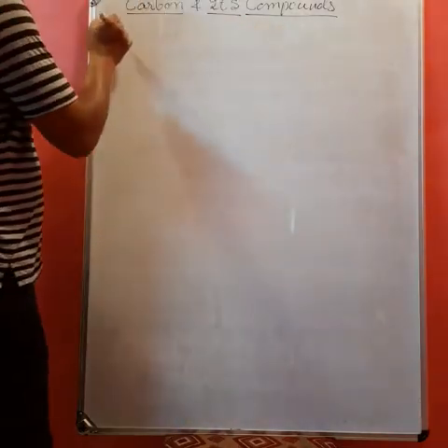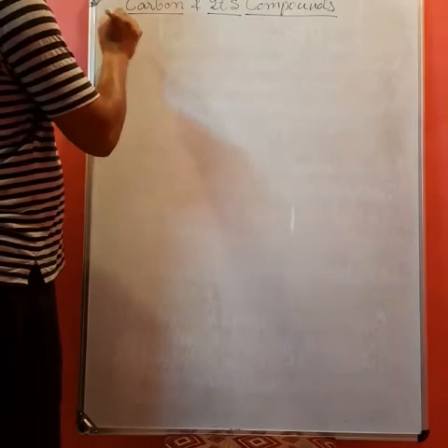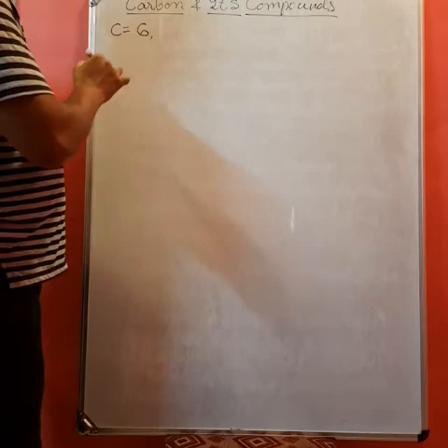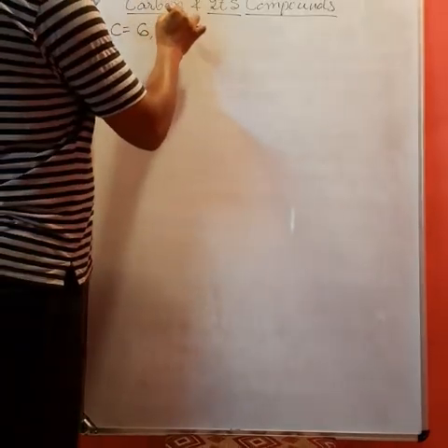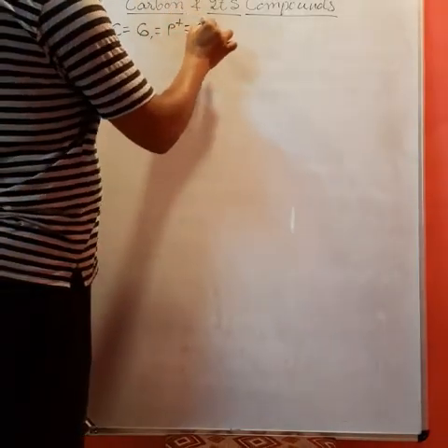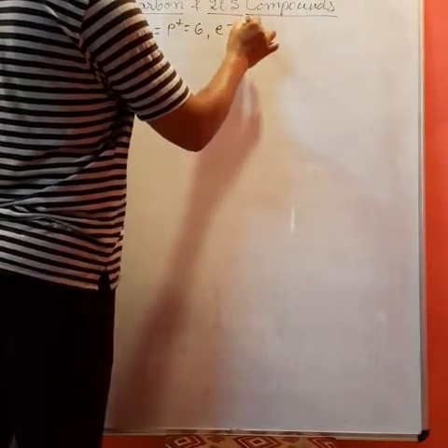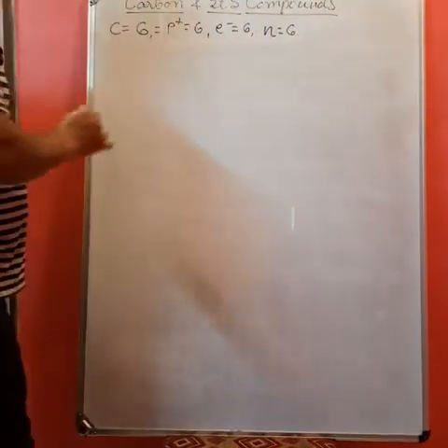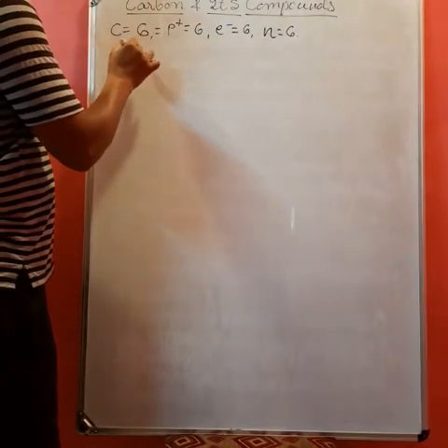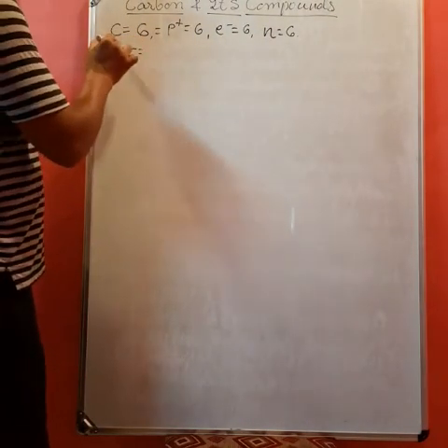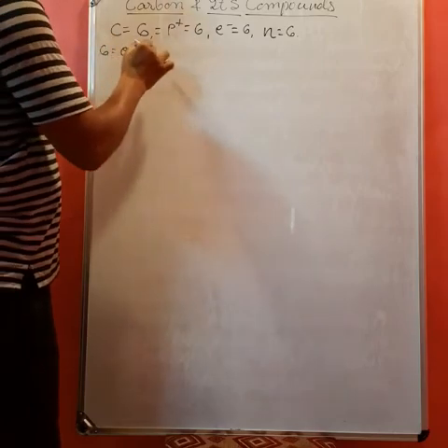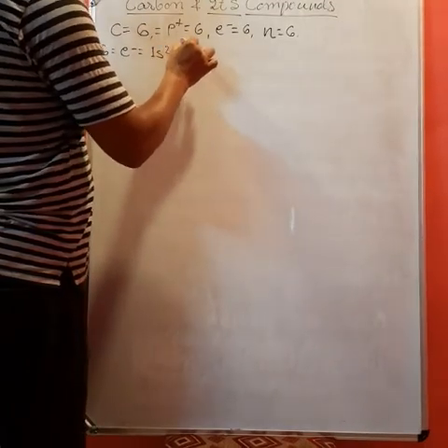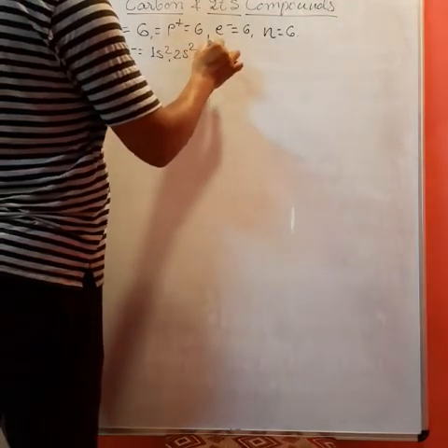So I am starting. As you all know, carbon has atomic number 6, that is, it has 6 protons, 6 electrons, and 6 neutrons. If we write the electronic configuration of carbon, which has 6 electrons, then we can write it as 1s2, 2s2 and 2p2.